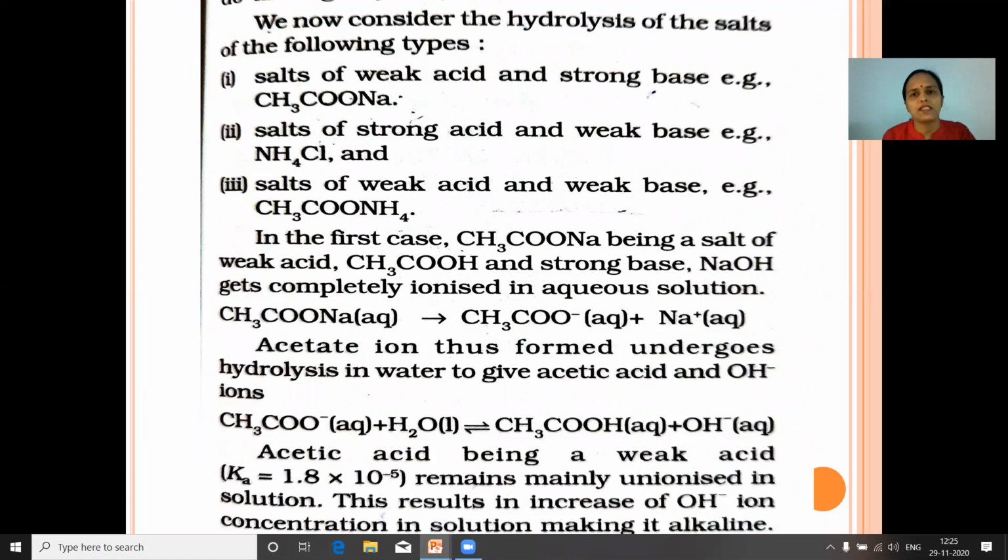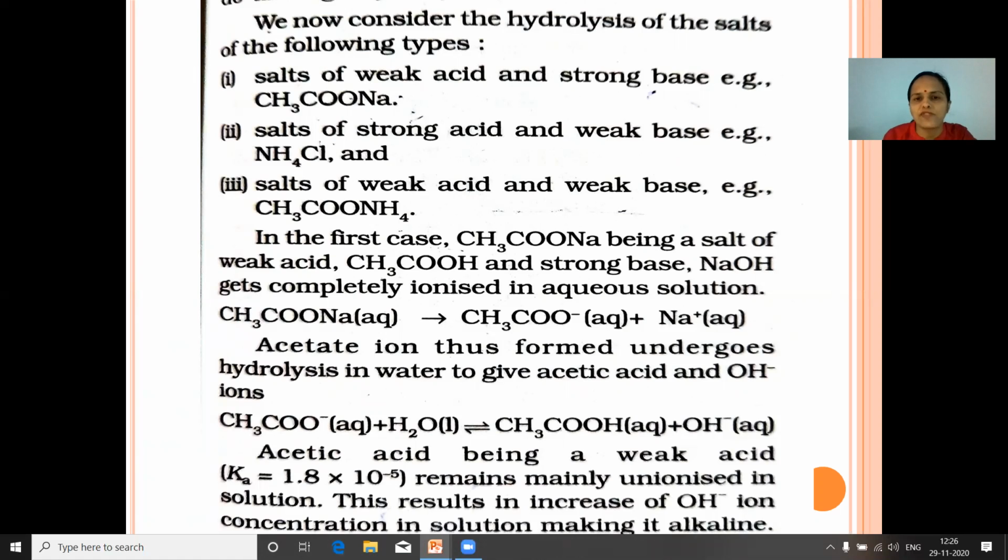Salts of strong acid and weak base, this example is ammonium chloride. This gives an acidic solution, and its pH is less than 7. And salts of weak acid and weak base, example CH3COONH4. It will depend, and we'll calculate the pH by putting in the formula.